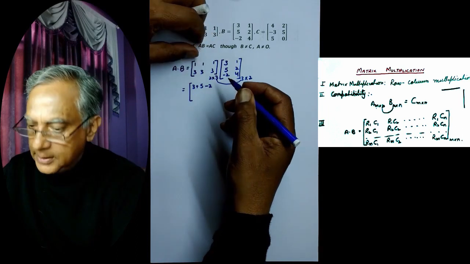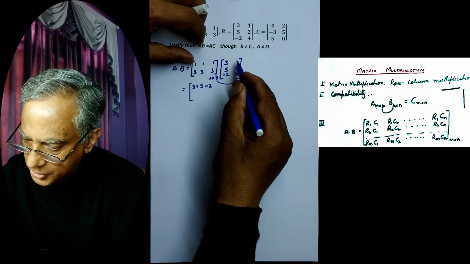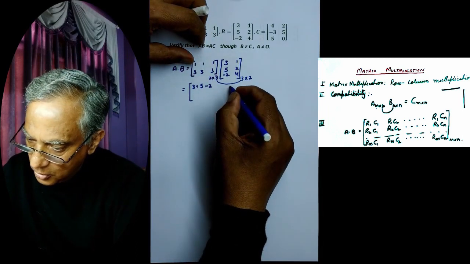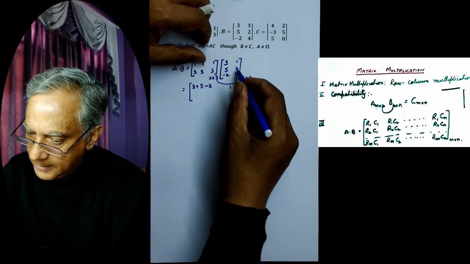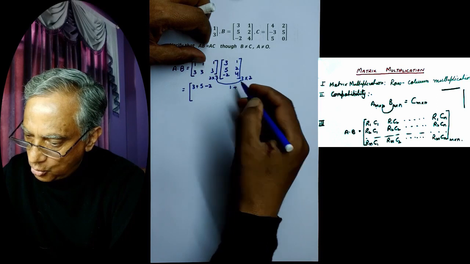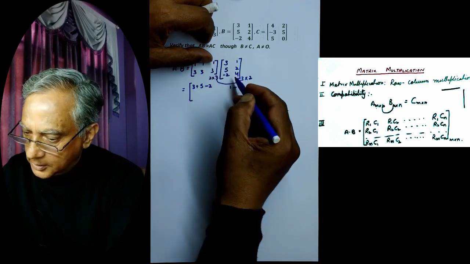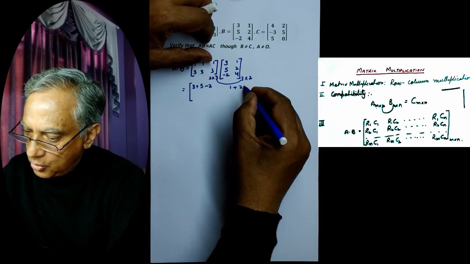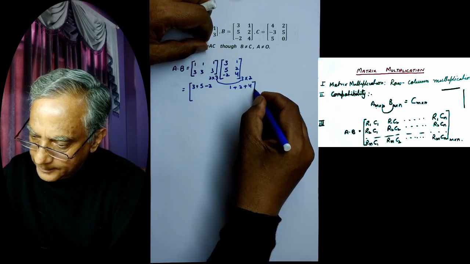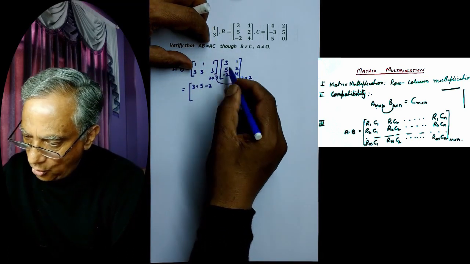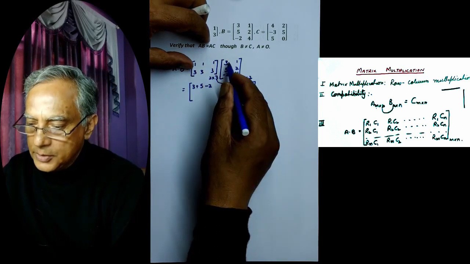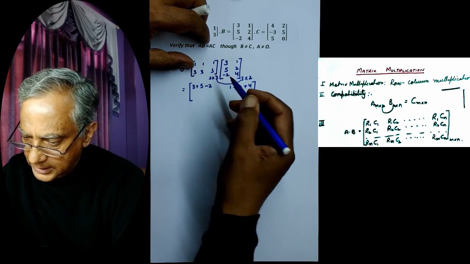This is minus 2. Now first row with the second column. So 1 into 1, first entry with first, 1, plus second entry, 1 into 2, this is 2. Third entry with third, 1 into 4 is 4. And second row with all the columns. Second row with this column.